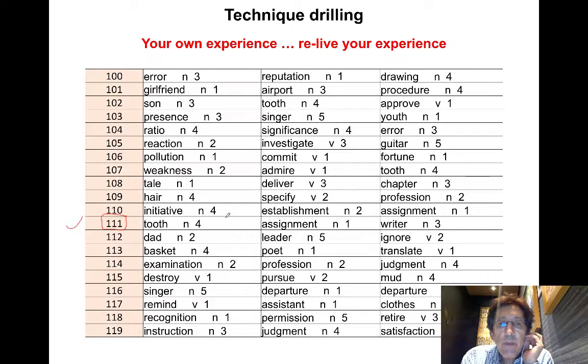Tooth, assignment, writer. Okay. Keyword. If you don't like that, I'll change them if you like. Yeah, maybe we can change. Change it? Yeah, change it. Okay, hold on one second.